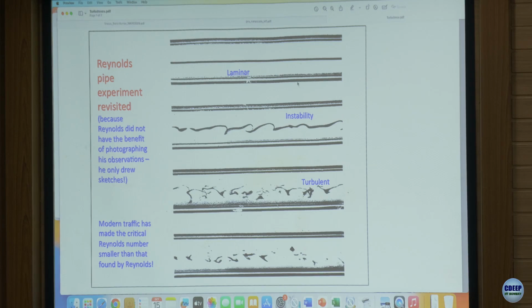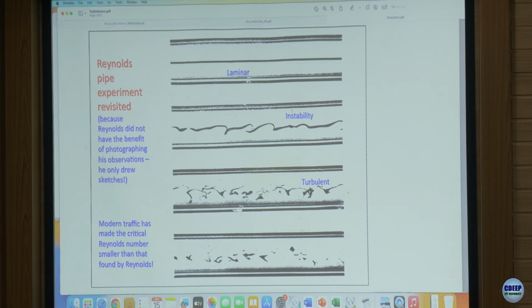These are the walls of a pipe, and you're injecting dye at the center of the pipe. At this state, the dye is simply moving in a straight direction. There is no movement of the dye in the lateral direction, and very little diffusion of the dye in the lateral direction.